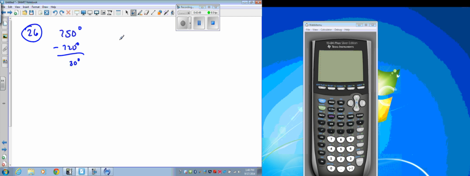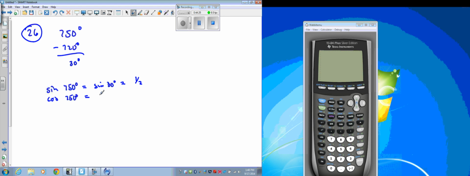So now all you have to do is say the sine of 750, and then we'll go cosine of 750. The sine of 750 is actually the sine of 30, which is 1/2, right?